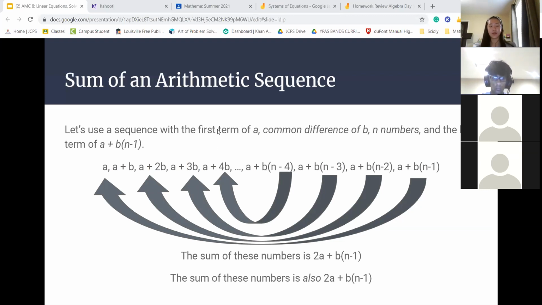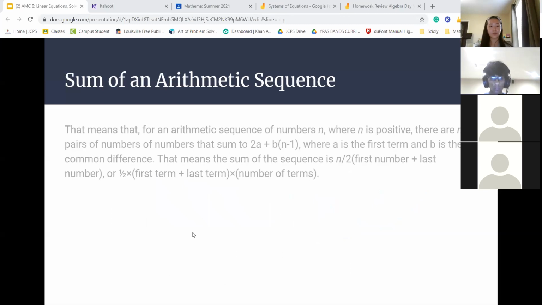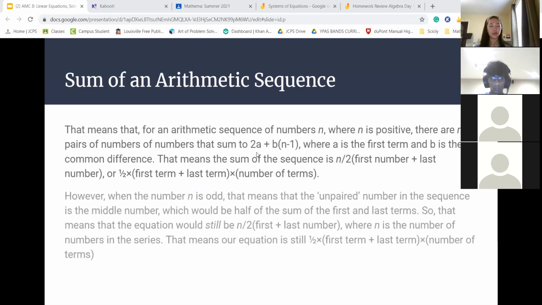It's still going to be 2a plus b times the quantity of n minus 1. So we just multiply that by the number of pairs, like we did for the sum of the first 100, and that gets us the equation that we had. Yeah, so this is the explanation we just showed you in words.